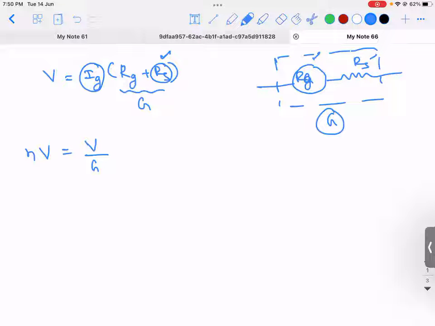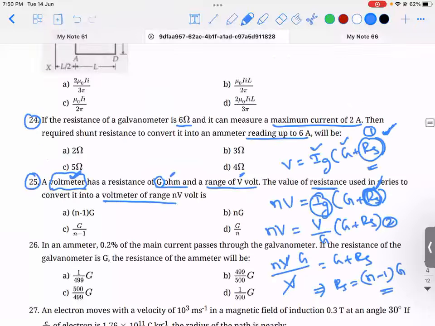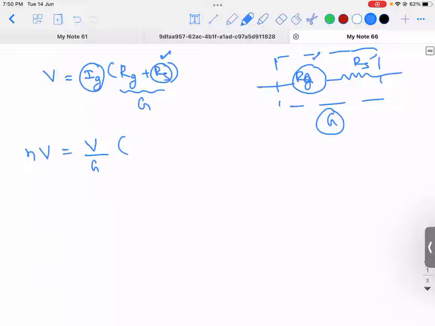Have that in mind. But unfortunately we had to take it like that here. So the resistance of the initial voltmeter means I'm adding an additional resistance here, RS dash.